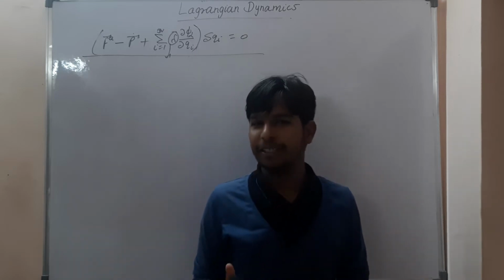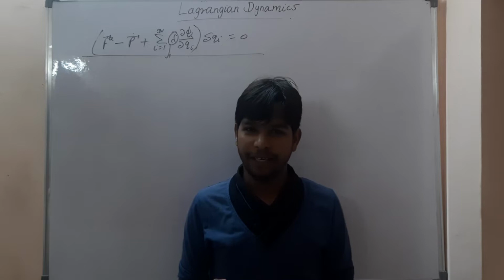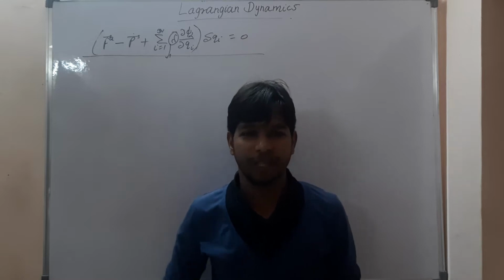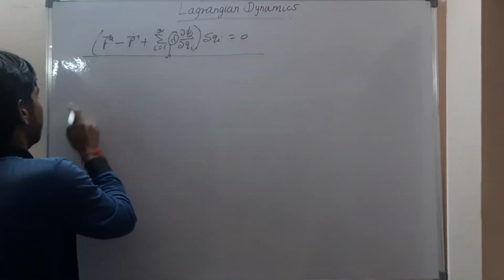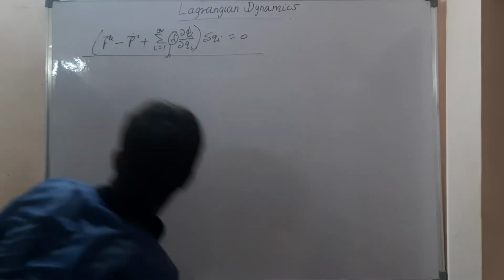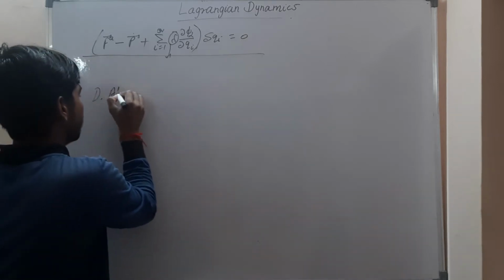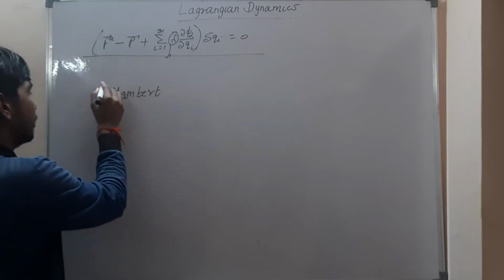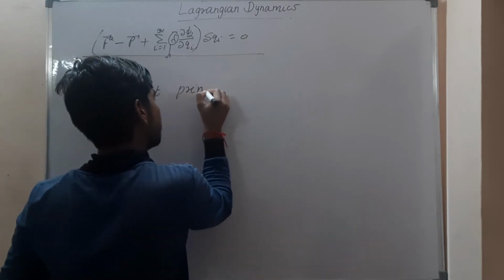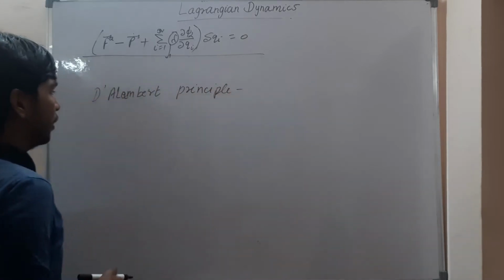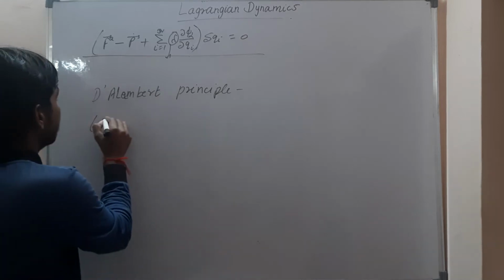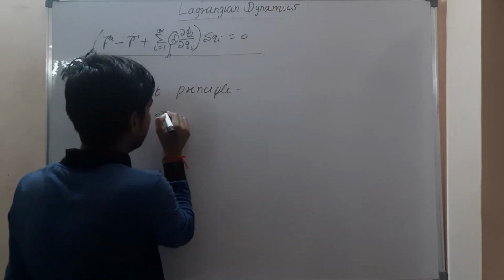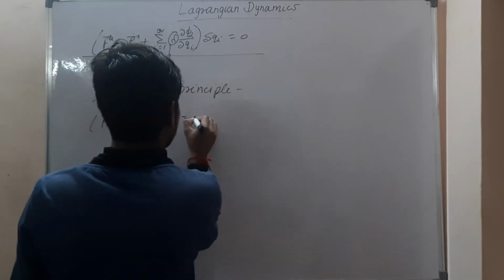After reading this principle and idea, Euler liked it and also worked on it, and they both worked again on the D'Alembert principle.